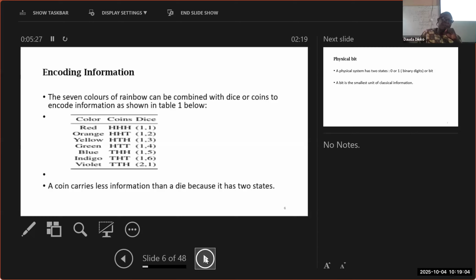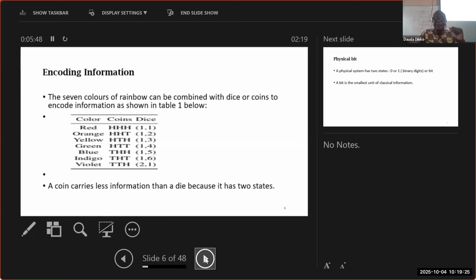Now, if we refer to the color green, it is not easy for somebody to just say this color is green. It is the information that is obtained from either the coins or the dice that will actually encode what we have in mind.